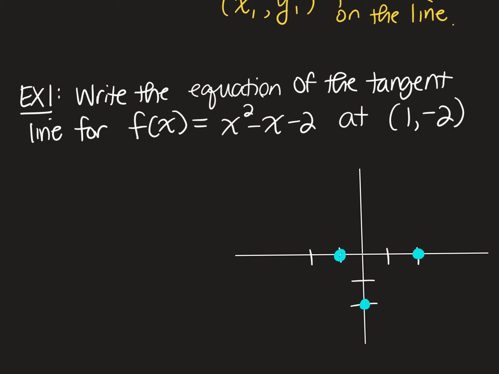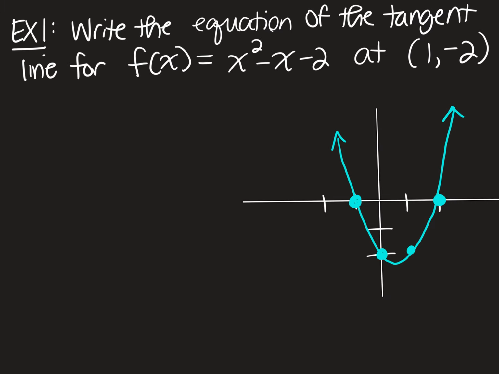Yeah, so like right here. So our parabola goes a little bit below and then comes back up. All right, that's what our parabola looks like. Again, I don't need you to spend a lot of time doing this. I just want to use this as a reference as we go through the equation writing process.